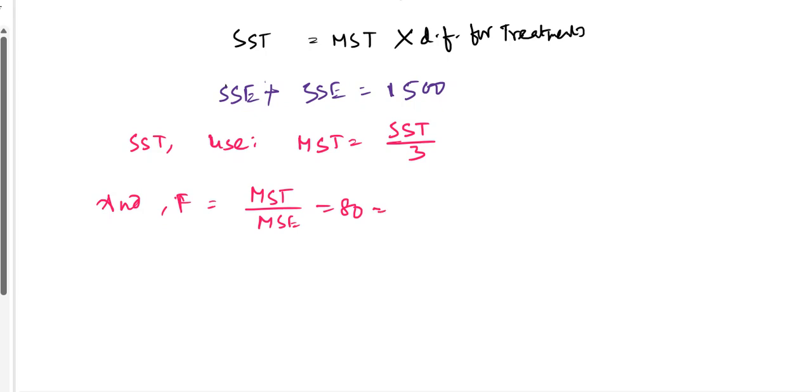That can be written in that way. So SST by 3 and SSE by 60.